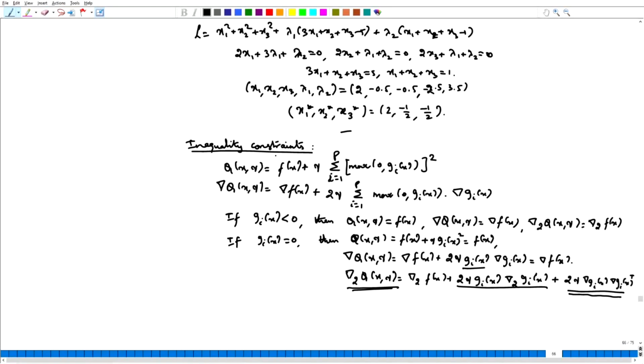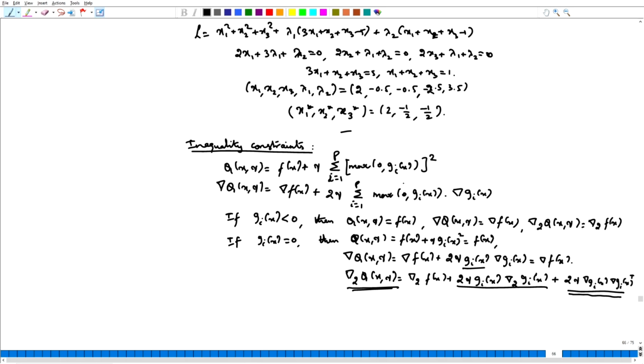So, when you have only equality constraints, and we started with what we do when you have only inequality constraints, recalling what we did. When the constraint optimization problem has only inequality constraints, the associated quadratic penalty function q of x comma gamma is defined as f of x plus gamma into summation i equal to 1 to p of max of 0 comma g_i of x, the whole squared.